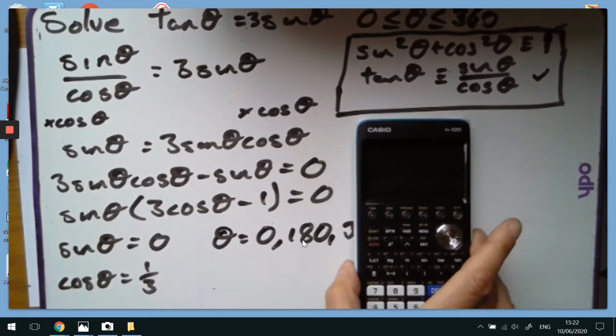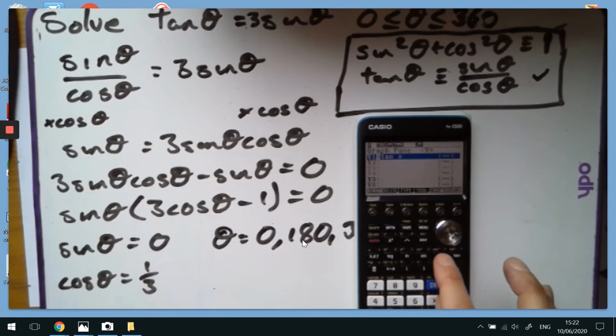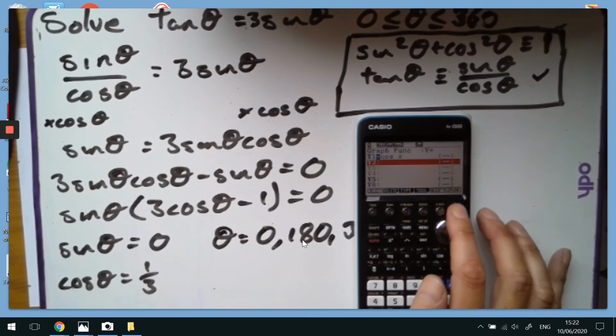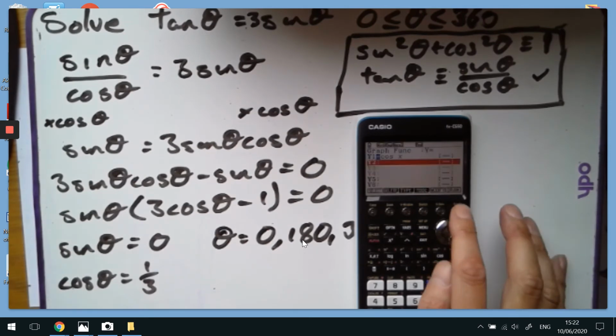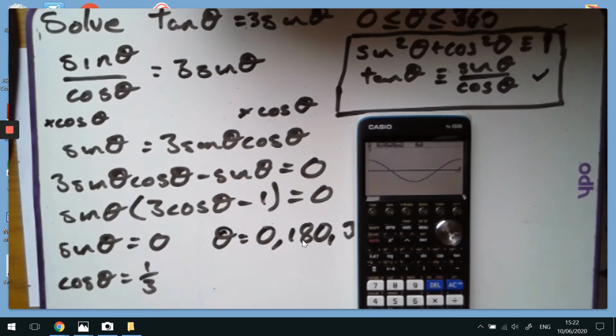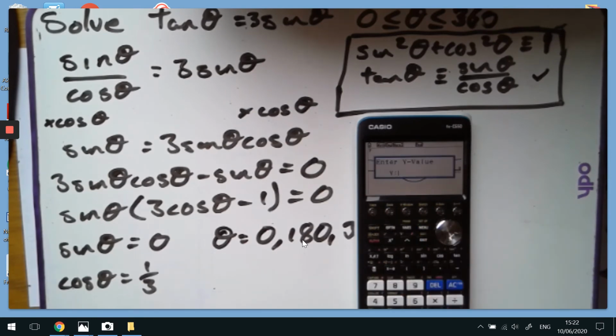And for the second one, we will go to our calculator and we'll do cos x. We're in degrees from the last question. I'm going to draw it. I'm going to rearrange using my V window, 360, and minus 2 to 2 for the y values, that's fine. And I'm going to do my G-Solve, x calc, 1 divided by 3.